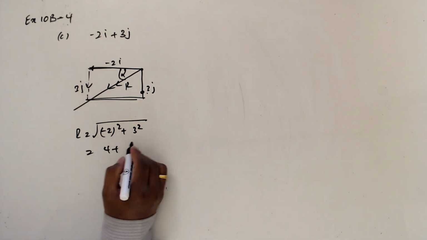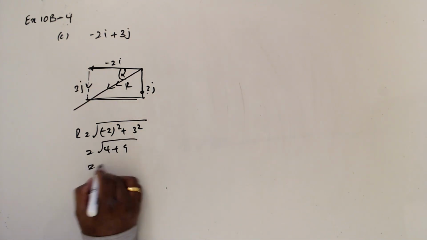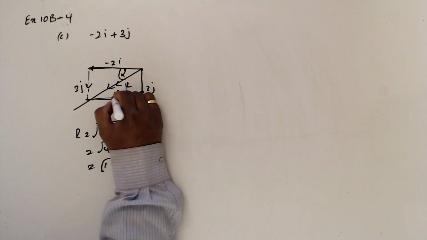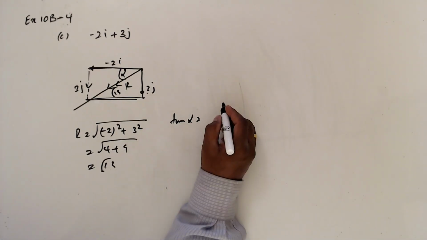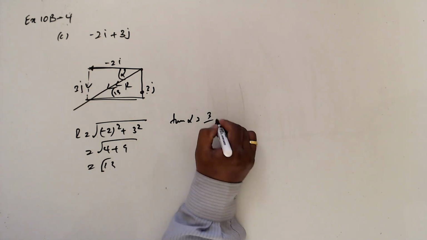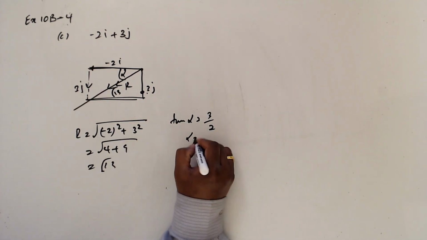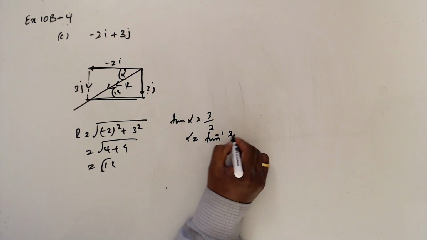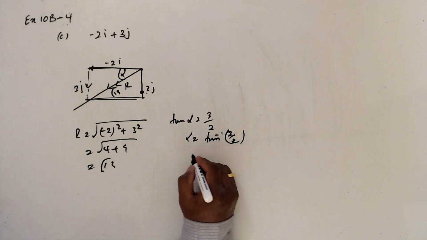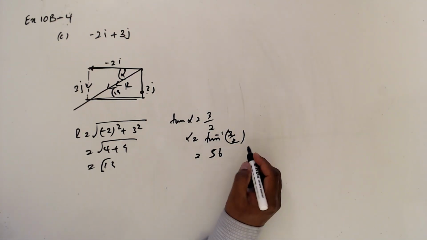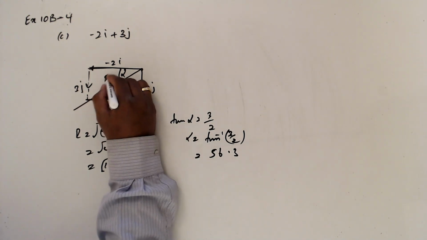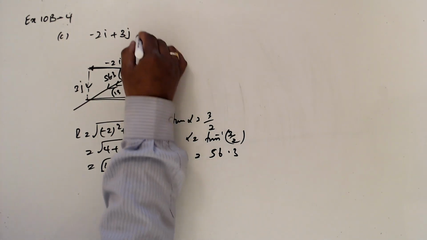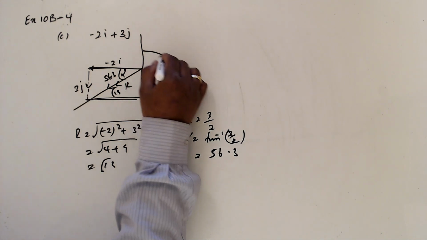This is 4 plus 9, square root 13. And tan alpha is 3 divided by 2. Alpha equals tan inverse 3 divided by 2, which is 56.3. So this is 56.3, and we'll write it as a bearing.